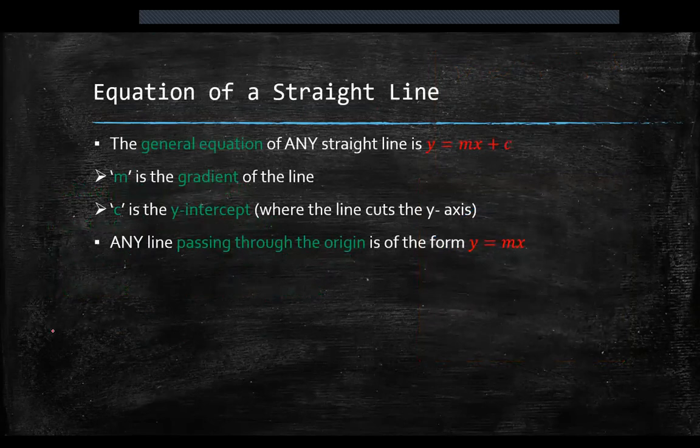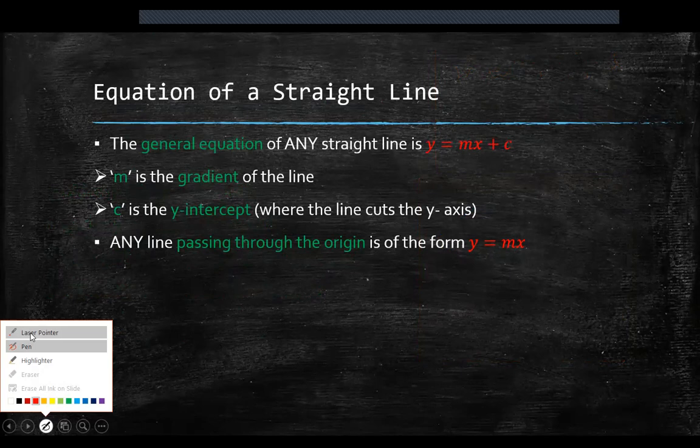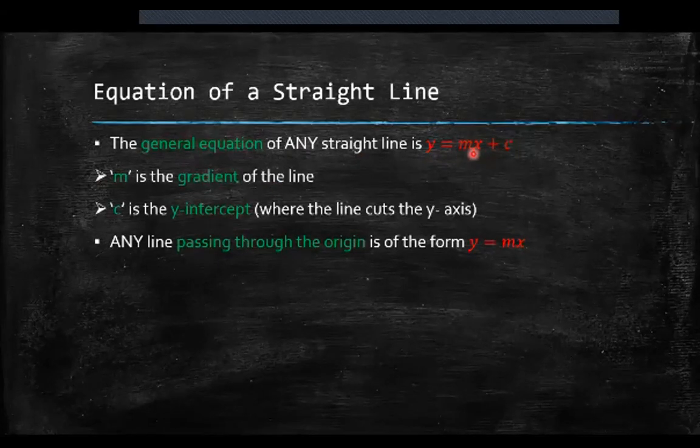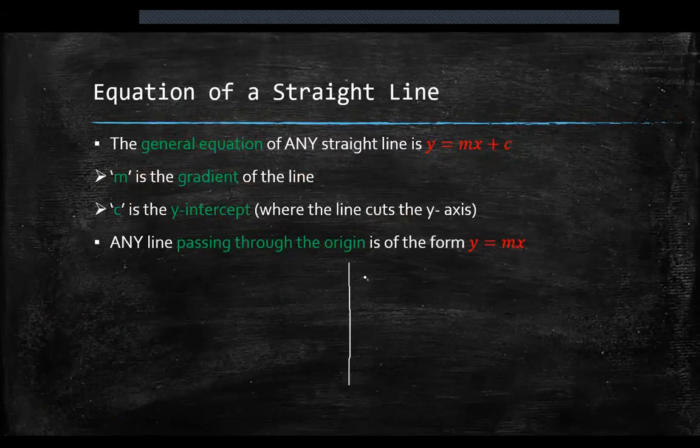Equation of a straight line. So always remember the general equation of any straight line is always y is equal to mx plus c, where m is the gradient of the line, the same thing we were just finding for, and c is the y-intercept. So that's wherever the line cuts the y-axis. Let me show you what that would look like. Say this is my y-axis, and this is my x-axis.